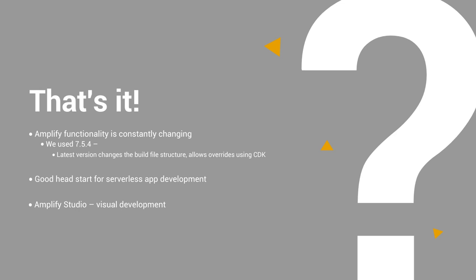And just mentioning that Amplify is a great head start for serverless app development. It generates code for you, but you can always override and tailor it to your needs.